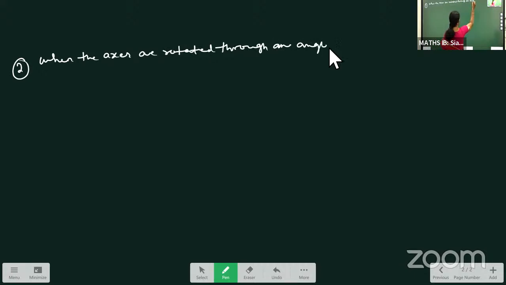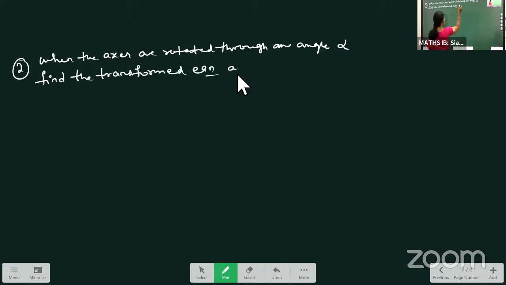When the axes are rotated through an angle alpha, find the transformed equation of x cos alpha plus y sin alpha is equal to P. So here, what is given?